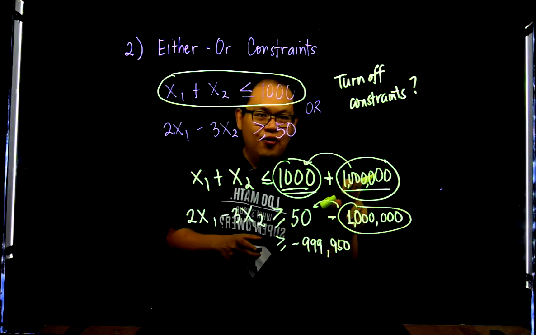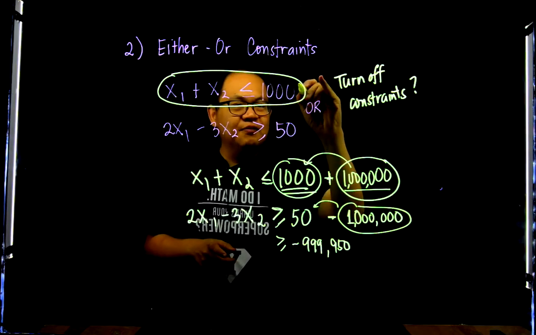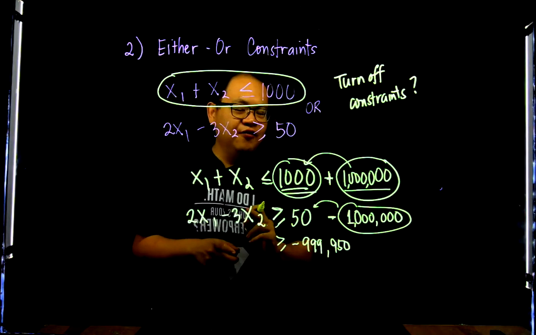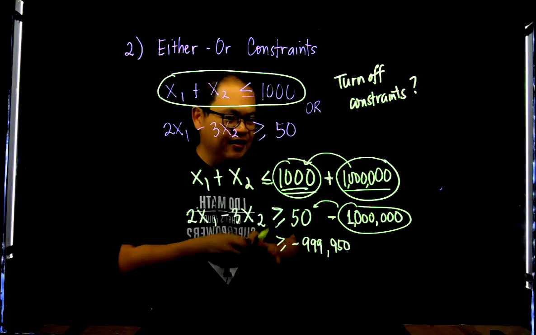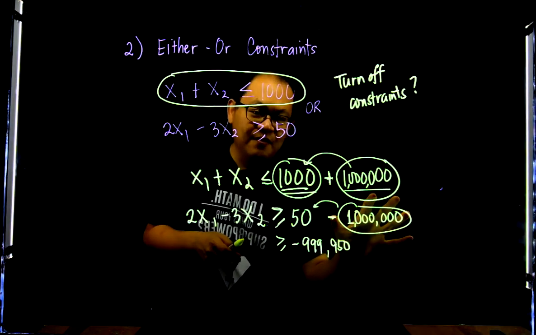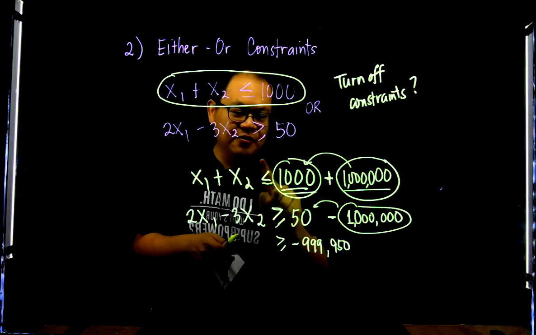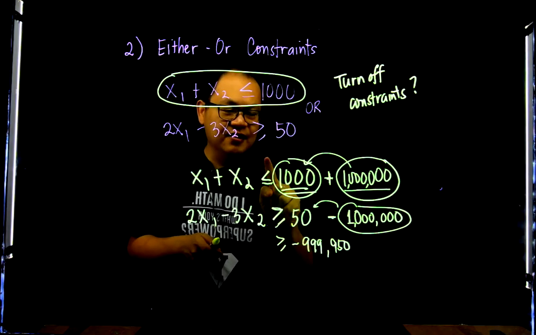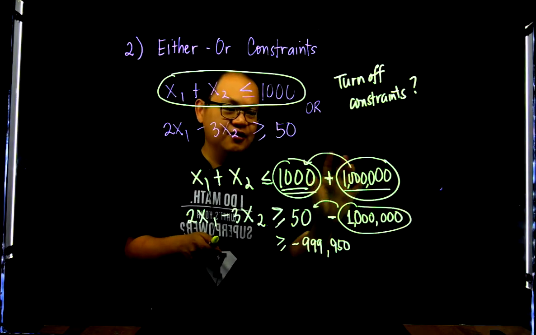So turning off a constraint does not mean multiplying a switch on the right-hand side. Turning off a constraint means either adding a very big number or subtracting a very big number depending on your constraint. If your constraint is a less than or equal to constraint, then you need to add.